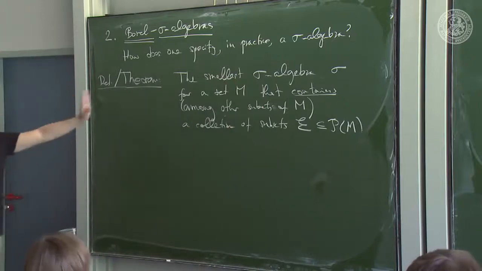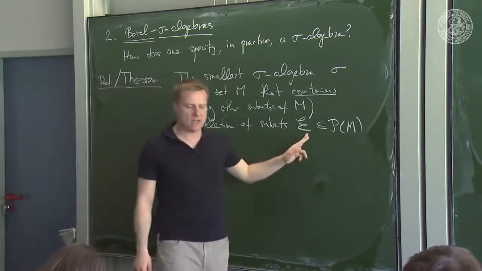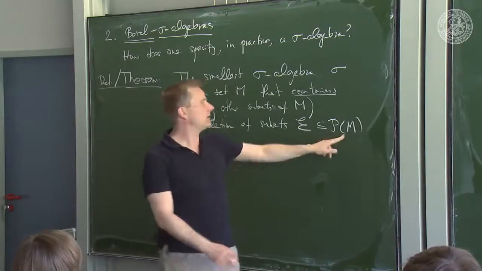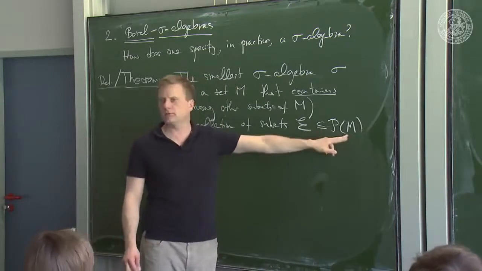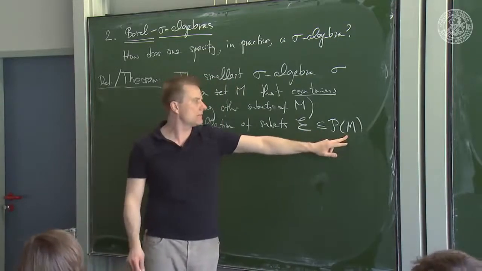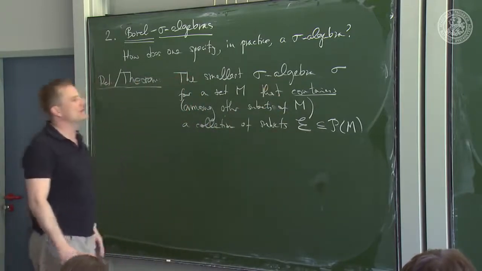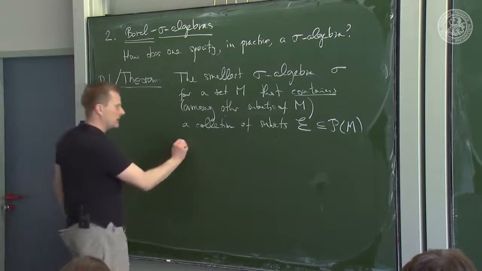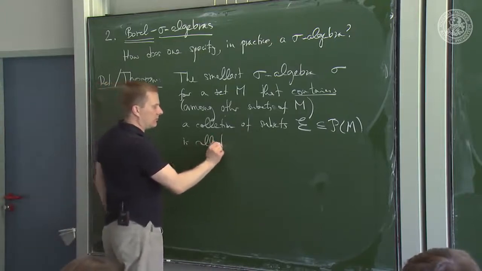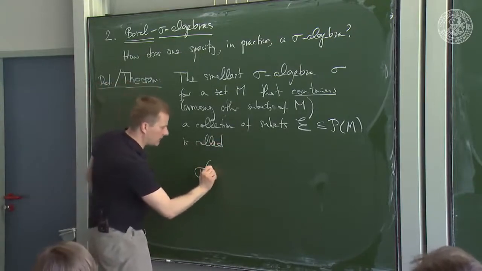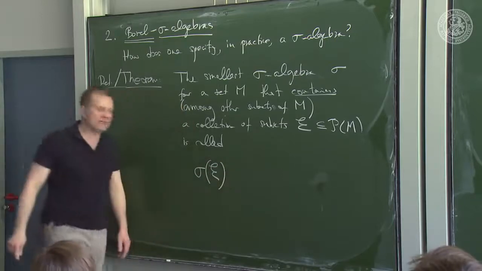I make no further assumption on this E. I just pick a number of subsets of the big set, this one and that one. And now I want to find the smallest sigma algebra that contains these. It is called, quite suitably, sigma of E.